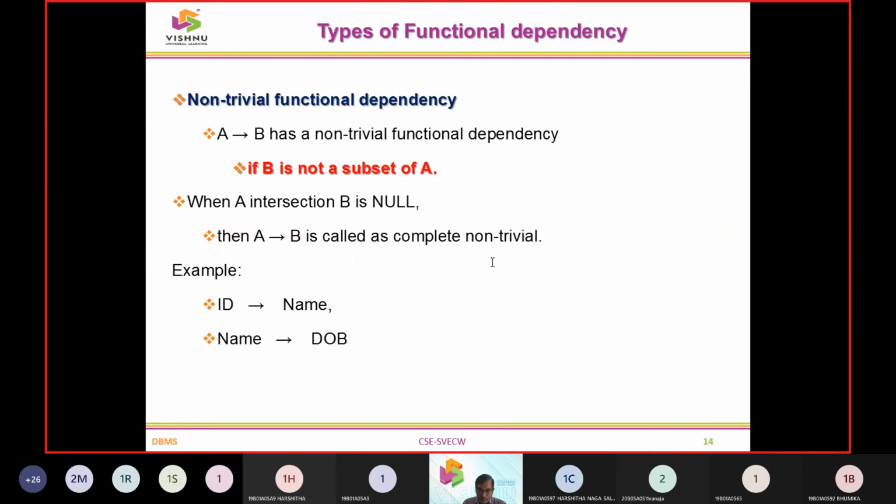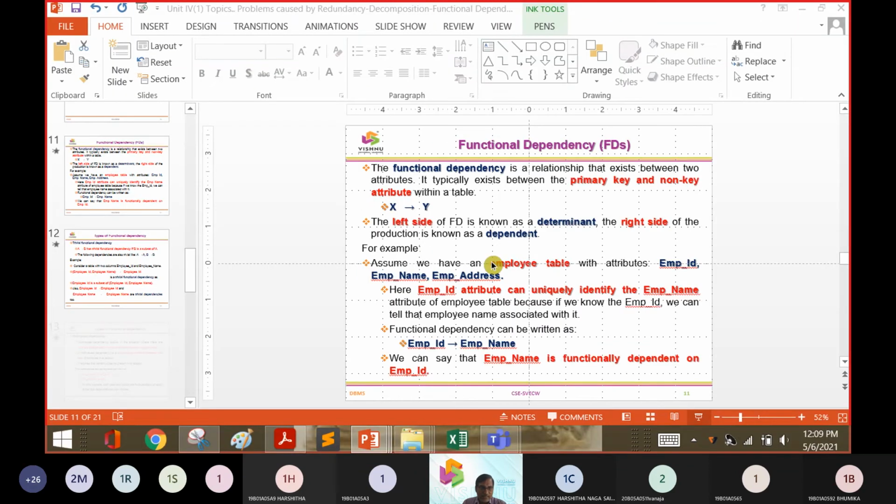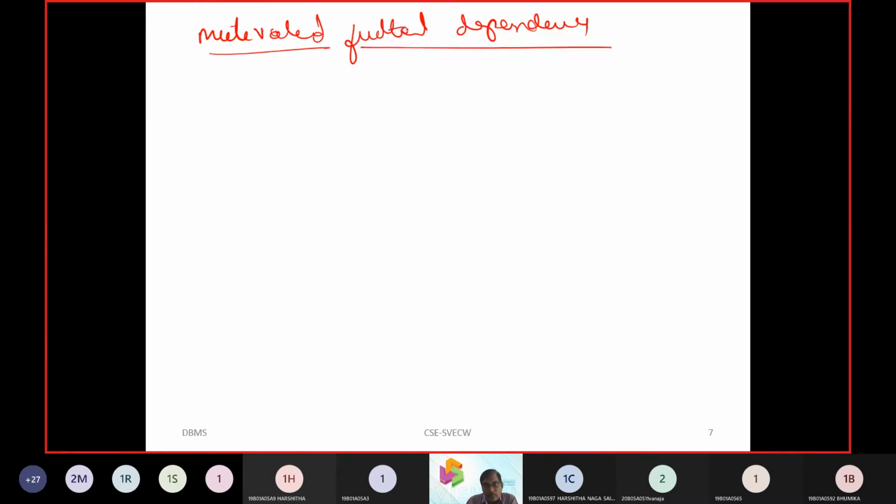Let us reconsider the same example again. We were talking about multi-valued dependency.